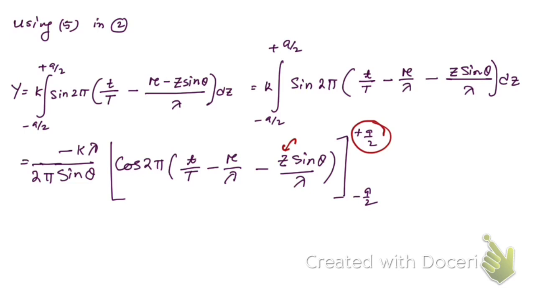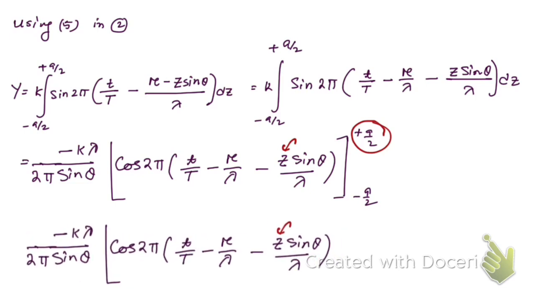So let's put the upper and lower limits. So here you see this z will be replaced by the upper limit plus a by 2, right? Then minus again, now we're gonna put the lower limit. Sorry, not enough space, just give me a second.